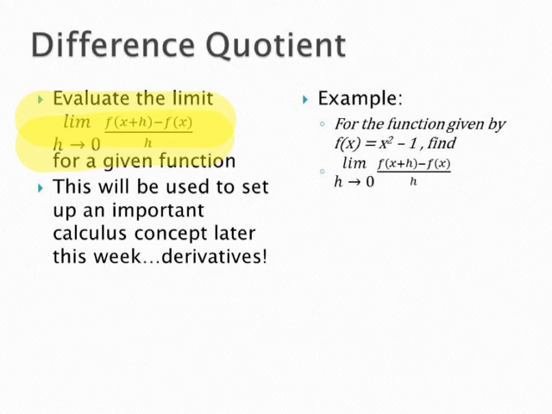The limit as h approaches 0 of f of x plus h minus f of x all over h. Now, first of all, you'll notice that we're taking the limit as h approaches 0, and we have h in the denominator, so we will have to use some of our algebraic techniques to be able to evaluate these limits. Okay?